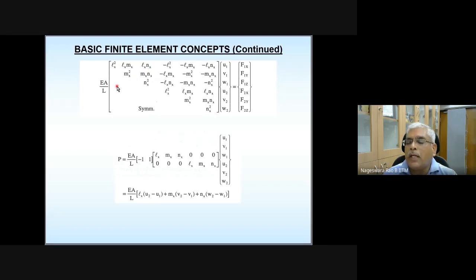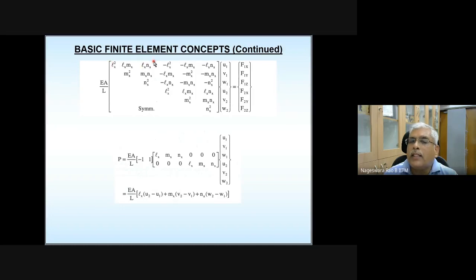And third row, you multiply with Nx. It's going to become LxNx, MxNx, and Nx square. Anyway, that is not completed here because it's going to be symmetric.